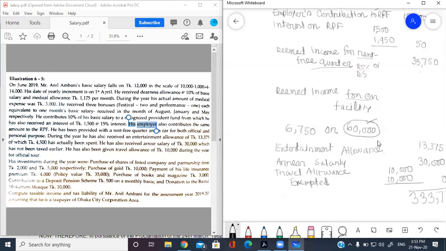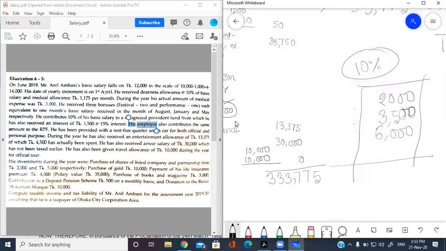The total amount contributed by both employer and employee is twice of 13,500, which is 27,000. Why twice? Both employer and employee's contribution to recognized provident fund is eligible. But if it was unrecognized provident fund, it would not be eligible here.